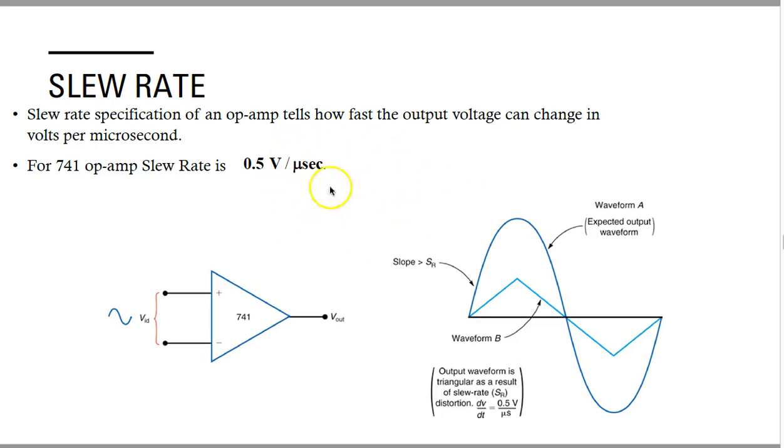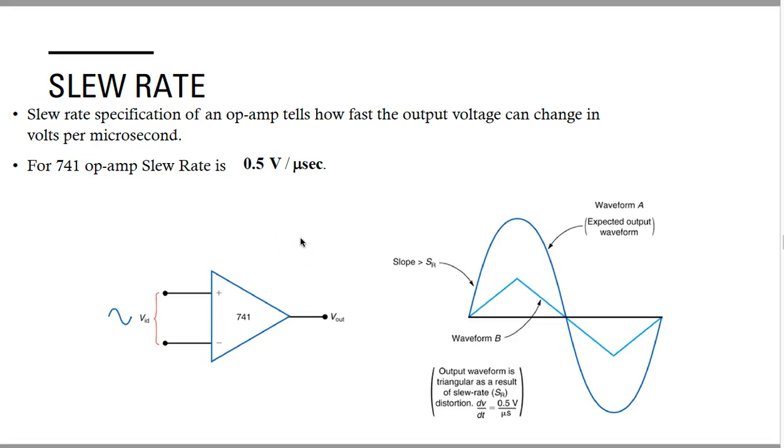So in general, we want slew rate to be as high as possible to ensure that we obtain maximum undistorted output voltage.